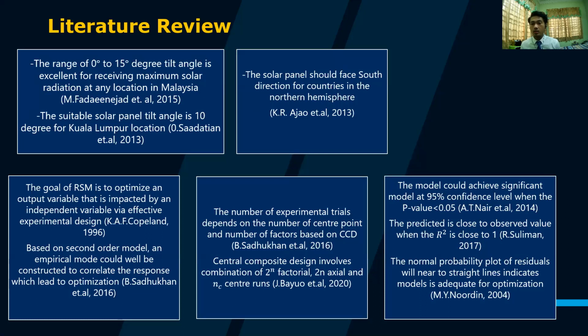And for the analysis of variance, the literature review comes from 2014, where the model could achieve significant model at 95% confidence level when the p-value is below 0.05. And this can be supported by Sullivan in 2017: the predicted value is close to observed value, while the R squared is close to 1.